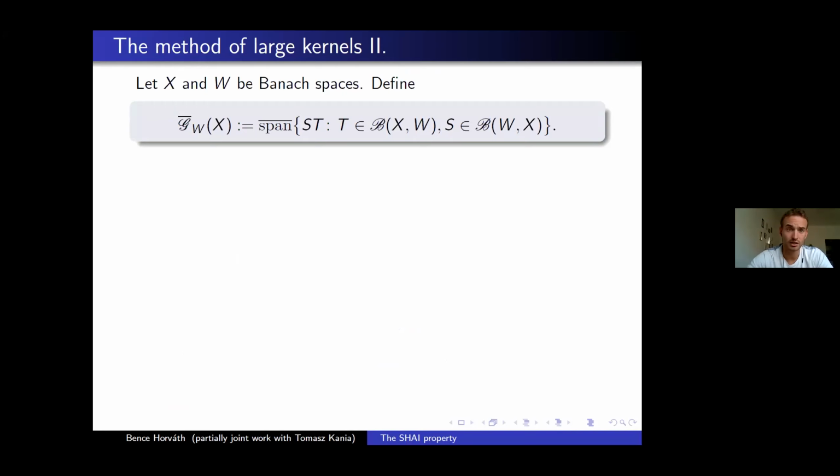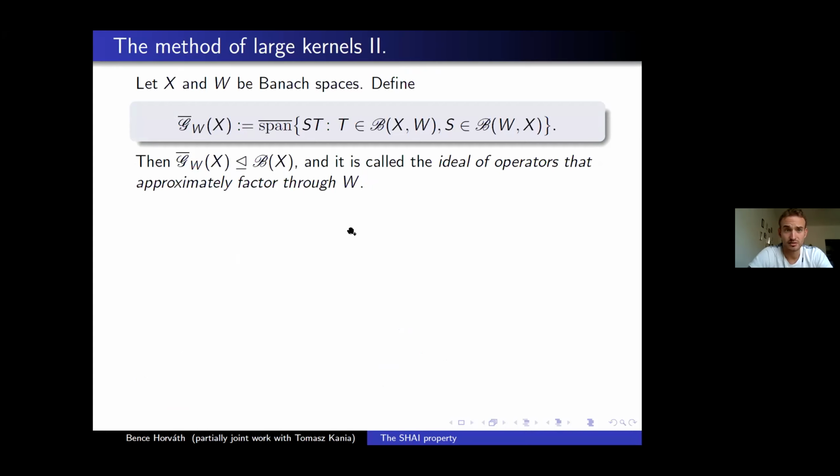So another ideal, if you haven't seen enough already, that we will be considering is the so-called ideal of operators that approximately factor through another Banach space W. If X and W are Banach spaces, we consider the closed linear span of the operators of the form ST, where T goes from X to W, and S goes from W to X. This is a closed two-sided ideal, of course.